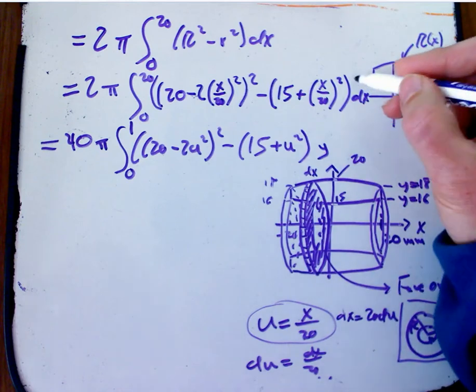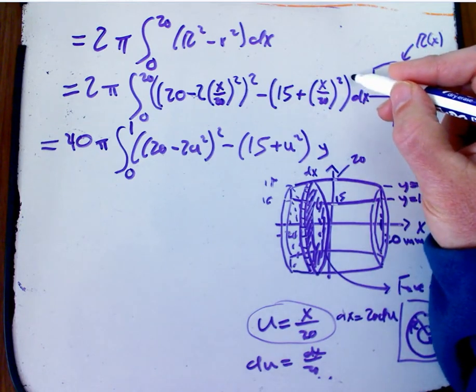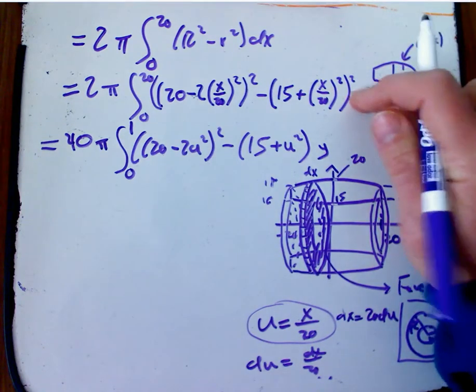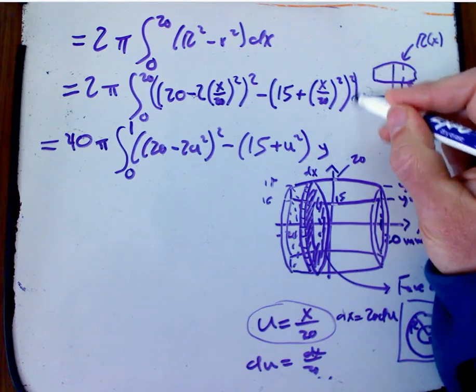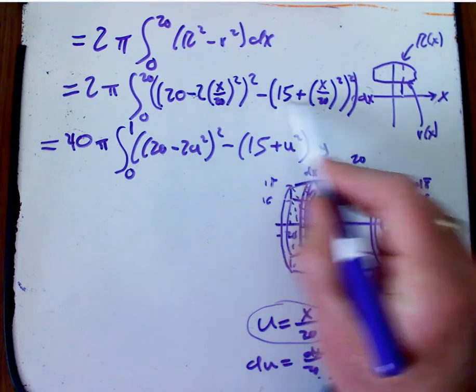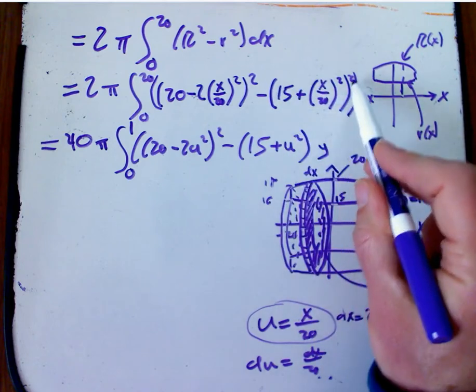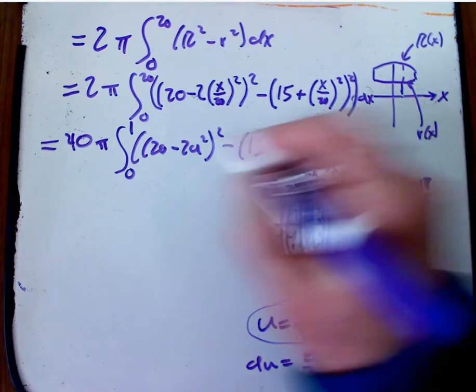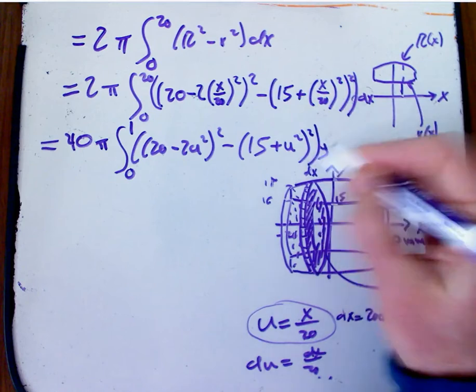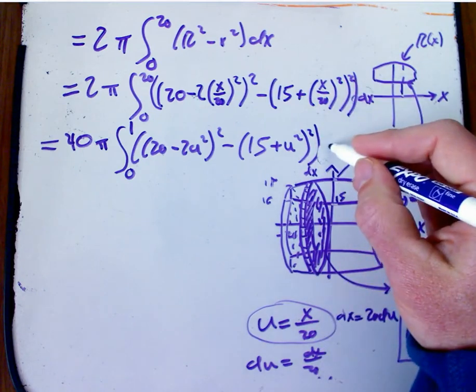Ooh, I forgot a square here. Wonder if anybody noticed that. Right, so this was the r value, and that's the square, and I just totally forgot that. Squared, boom, and then du.